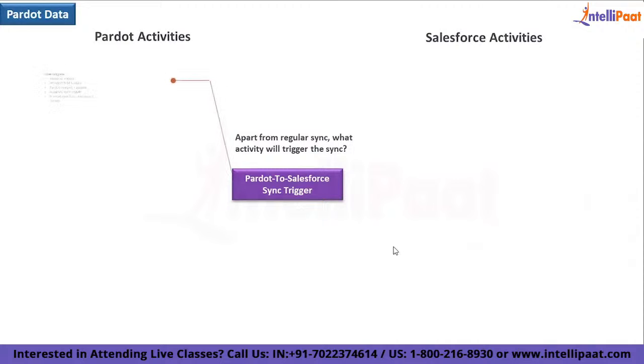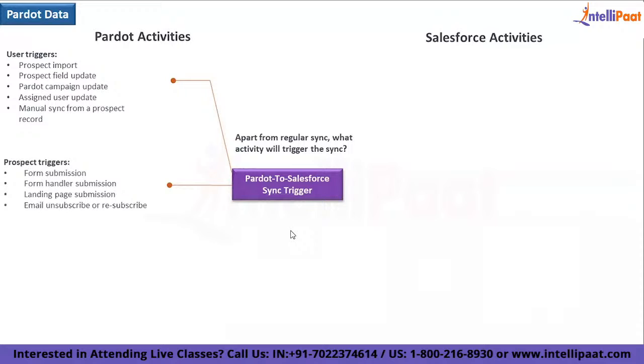Now let us talk about the user triggers. When a user does an activity, such as a prospect import, a prospect field update, a Pardot campaign update, an assigned user change, or a manual sync, in all these instances the sync will be triggered.